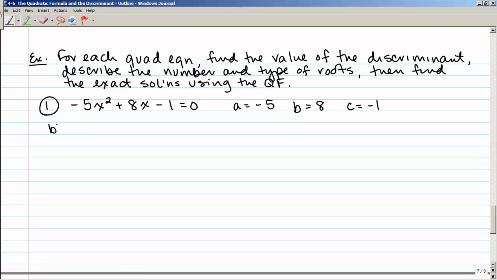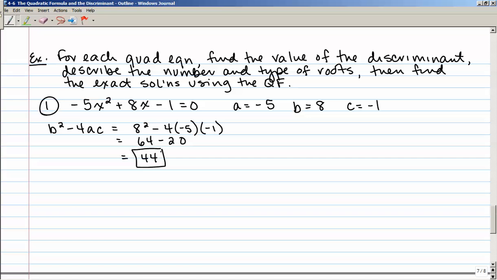So, if I'm finding just b squared minus 4ac, that's going to be 8 squared minus 4 times negative 5 times negative 1. That's going to give me 64 minus 20, where the value of the discriminant is 44.